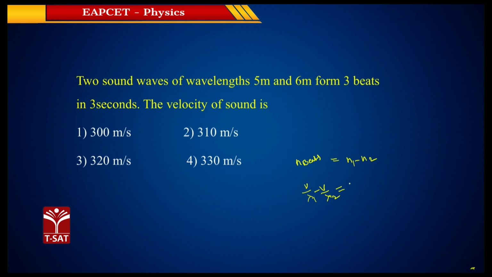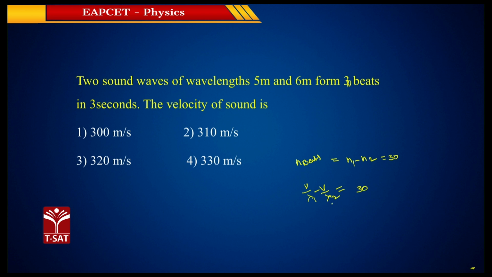Two sound waves of wavelengths 5 meter and 6 meter form 3 beats. Just to change, children, take that as 30 beats. In the question, 30 beats. Therefore n1 minus n2 is equal to 30, so v by lambda 1 minus v by lambda 2 is equal to 30.